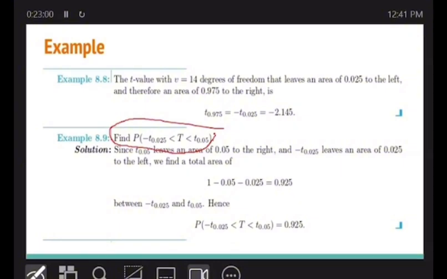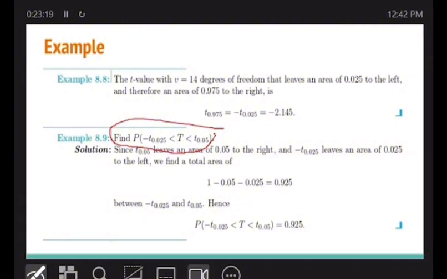How do I know? Because this is the negative side. This is the left side. This is the right side. You should always look at it like this. Where's my left? My left hand touching. Where's my right? Can you see that?